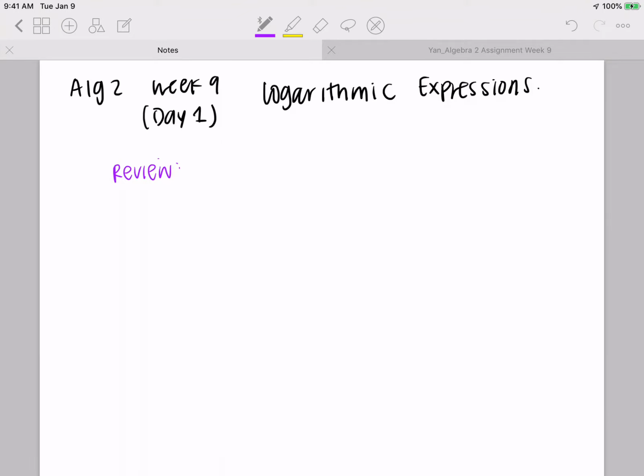We have done last week how to convert from log to exponential and vice versa.